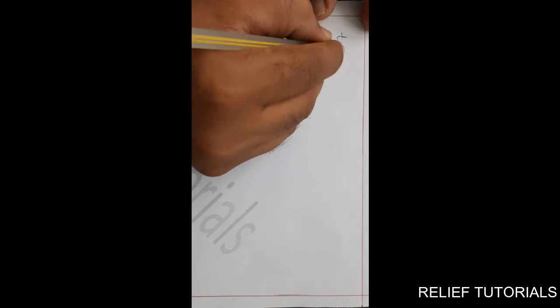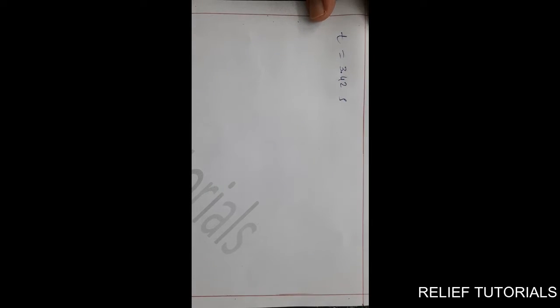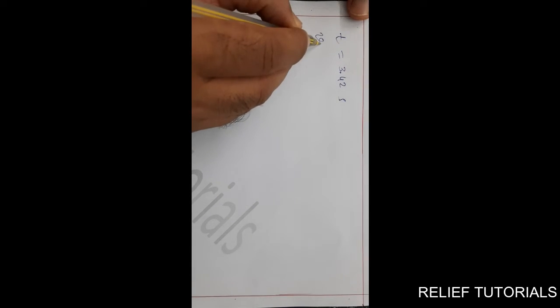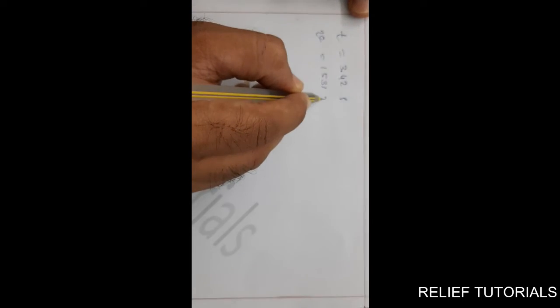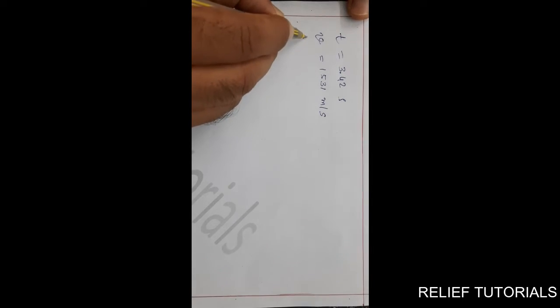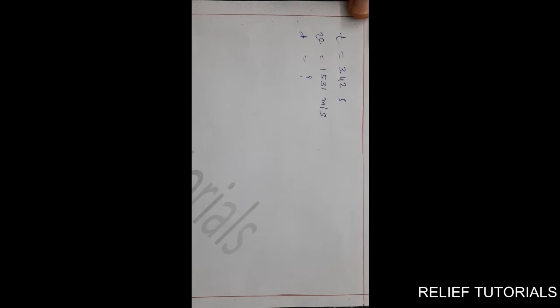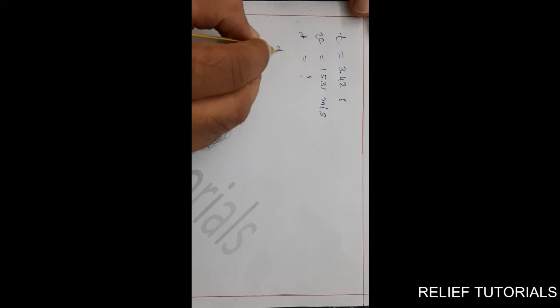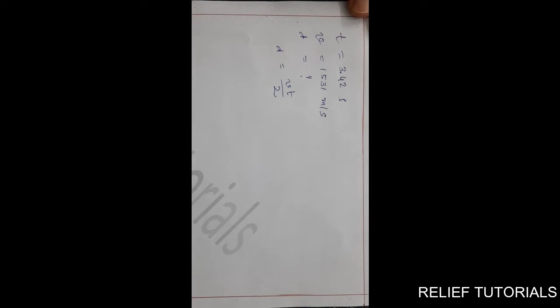Let us calculate it. As per the given information, time interval t is given as 3.42 seconds. Speed of sound waves in seawater is given as 1531 meters per second, and d be the depth of the sea, which is unknown to us. We have a direct formula for this, that d equals vt by 2.